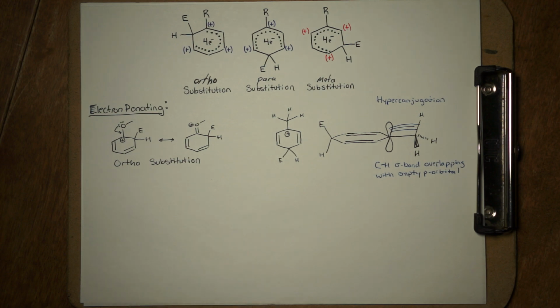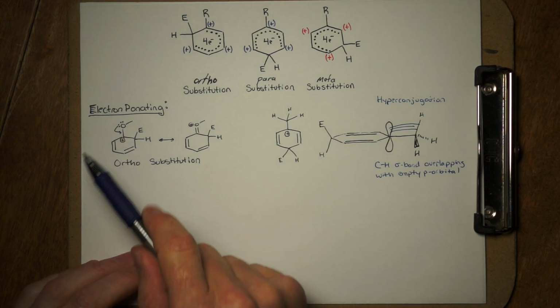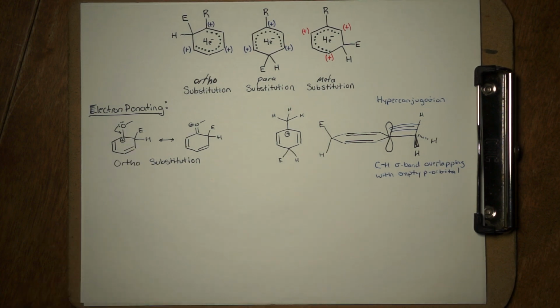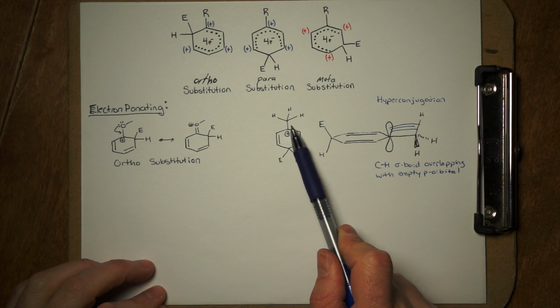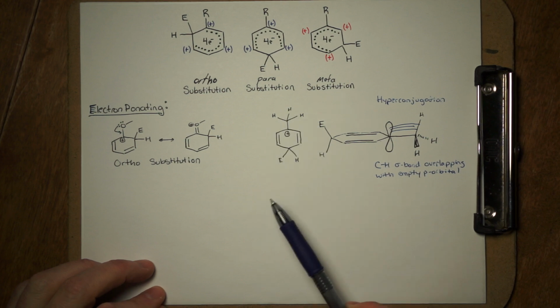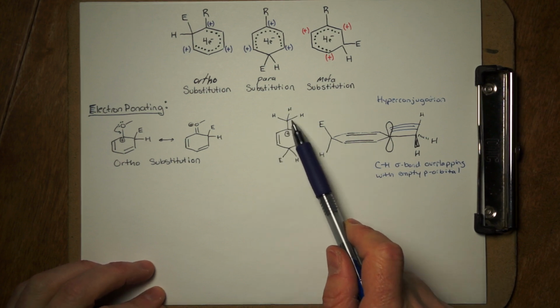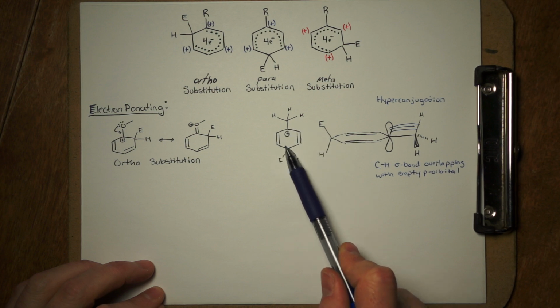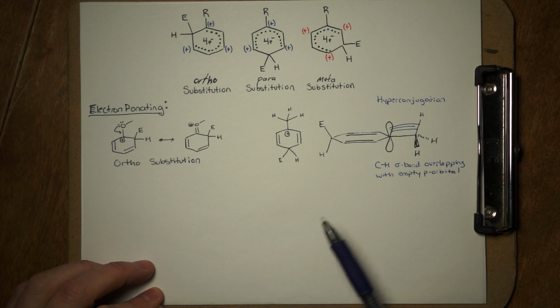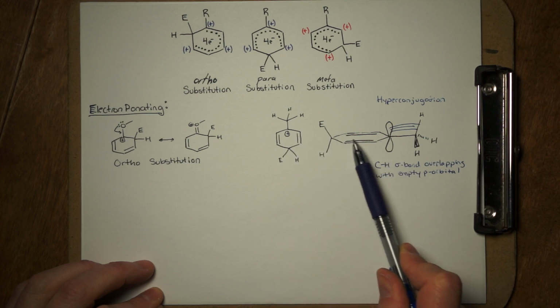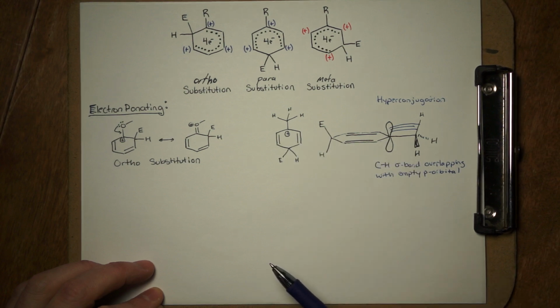And so these two modes of stabilization will occur through electron donating groups, right? So if an electron donating group has a pair of electrons, it will stabilize that Arenium intermediate through resonance donation, right? If the electron donating group is an alkyl or a silyl group, it's really the sigma bonds that overlap with the electron deficient pi system through this hyperconjugation that helps stabilize that Arenium intermediate.